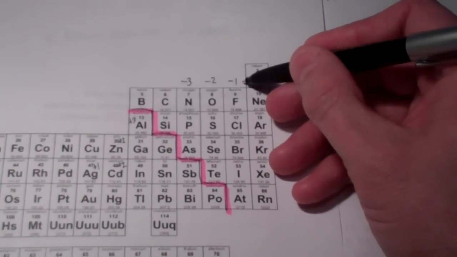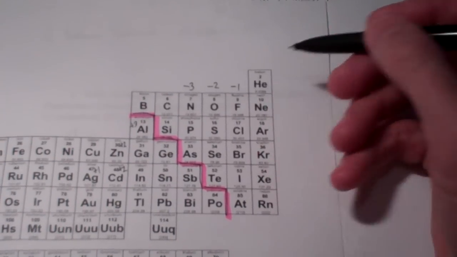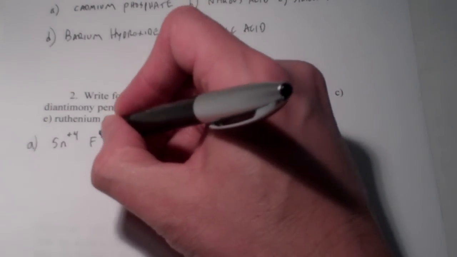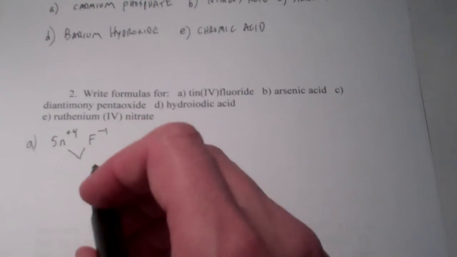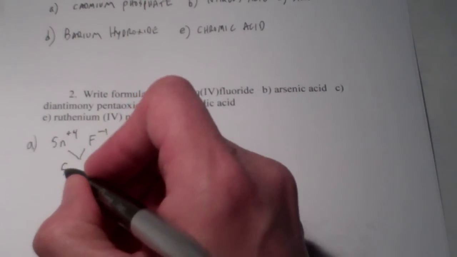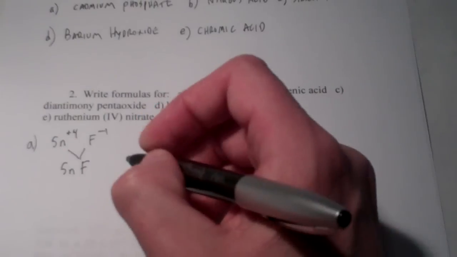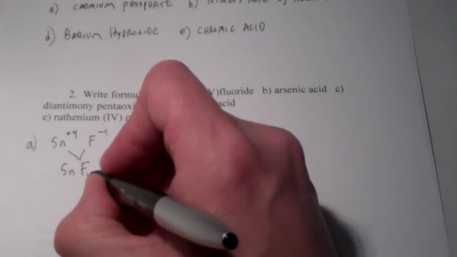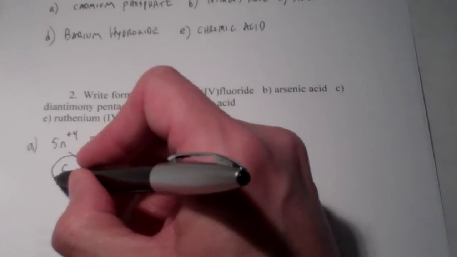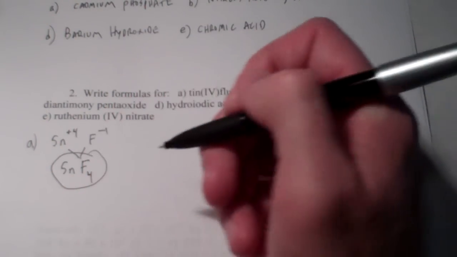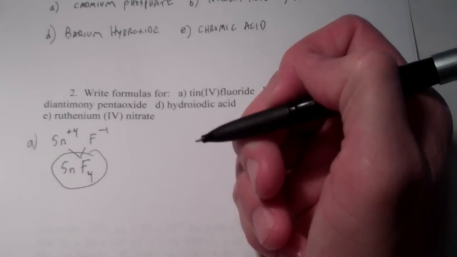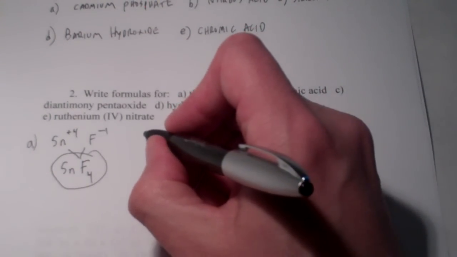Nonmetals in group 17 are -1. Now, the sum of the charges has to be 0 when we bring these together. So I'm going to use 1 tin and 4 fluorine. I'm going to put a subscript 4 next to the fluorine to denote that I have 4 of those. That gives me 4 negatives against the 4 positives, so the sum of the charge is 0.